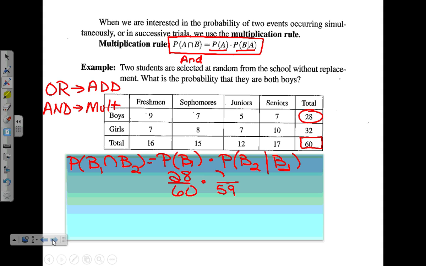One boy's pulled out, so there's only 27 boys remaining. So if we total that up, we get 756 over 3,540, which is 63 over 295, or as a decimal, 0.21, which makes a little more sense. The probability that they are both boys. So that would turn into an AND problem.